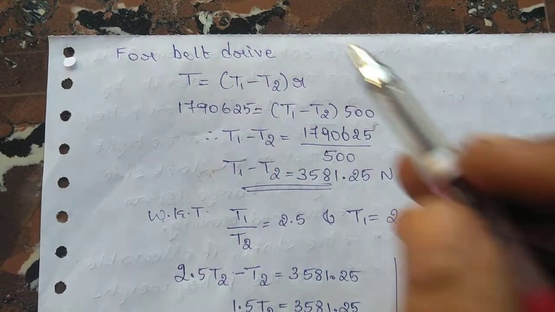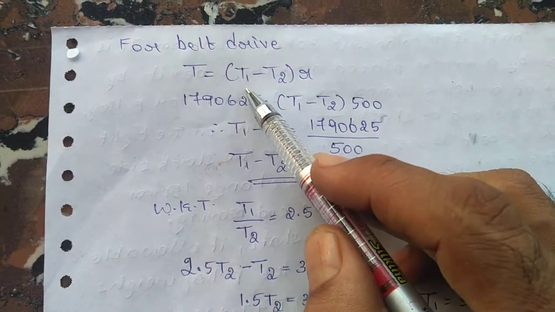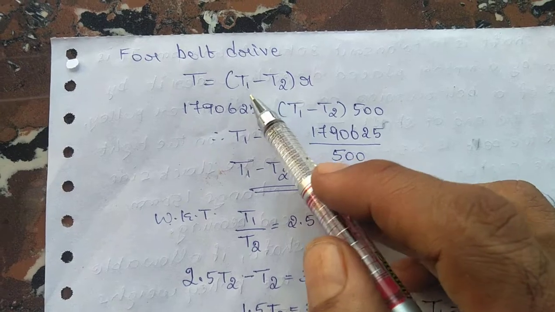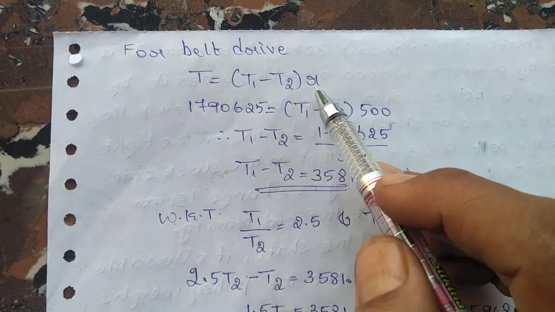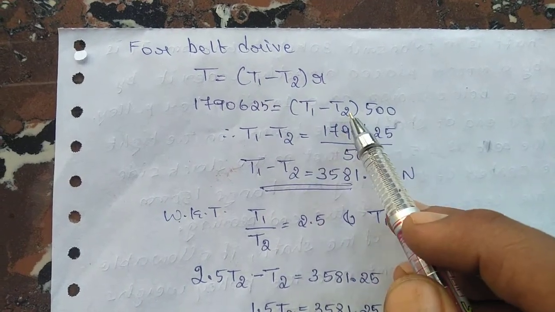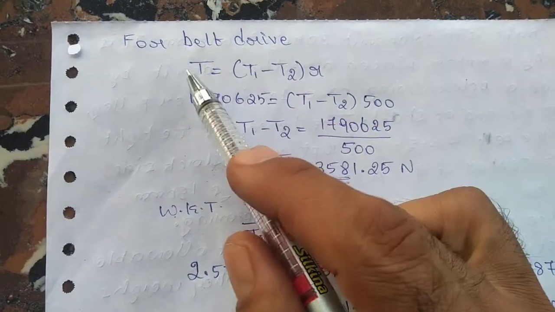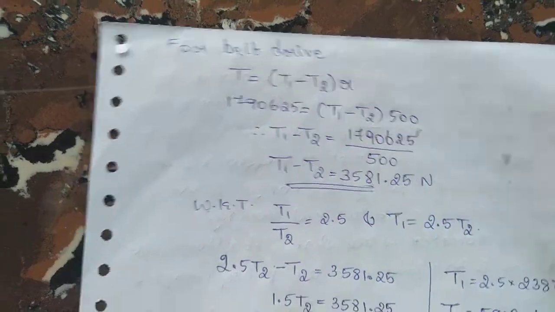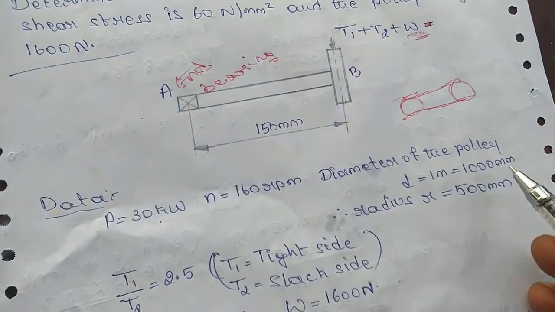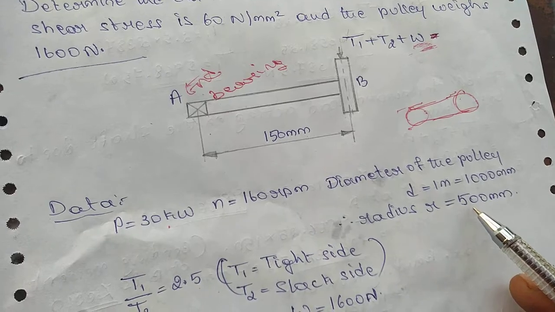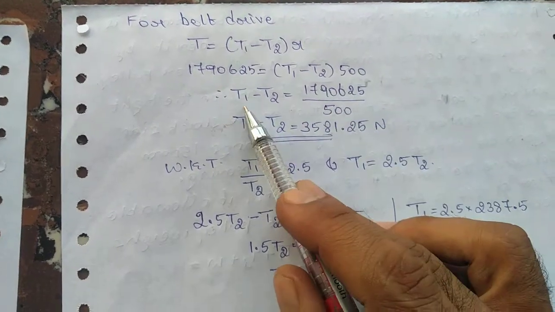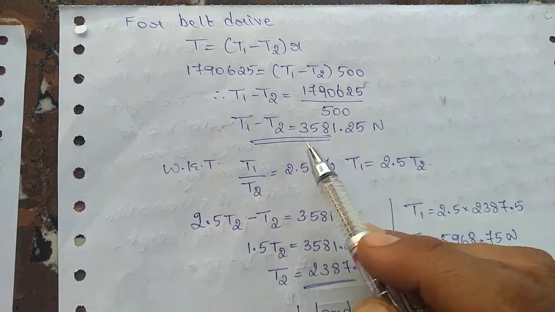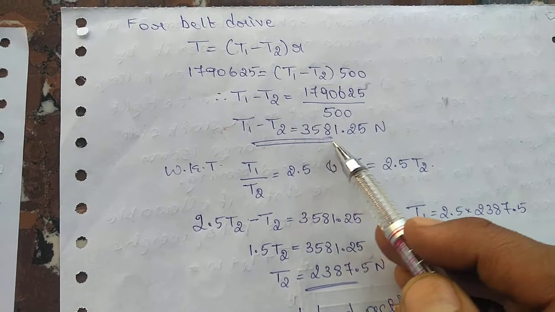After getting torque, now for belt drive, you might have gone with this equation in some other subject. T equal to T1 minus T2 into R. T1 and T2 are not given. T, the torque transmitted, you have calculated, and R, the diameter is 1000 so the radius will be 500. So the next thing is substitution. Substitution is done. Now calculate T1 minus T2, this is the value you get.